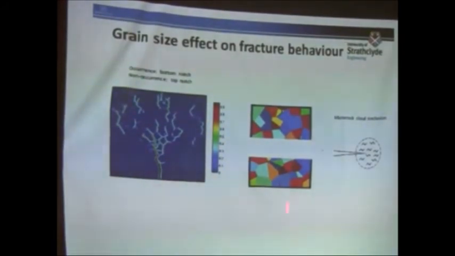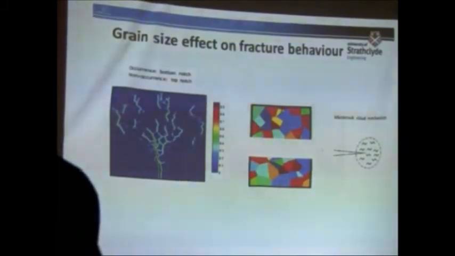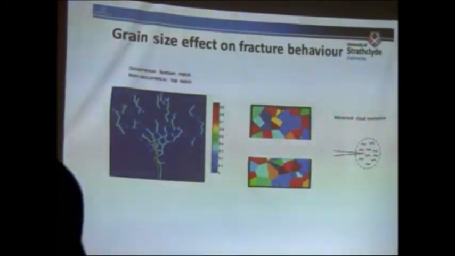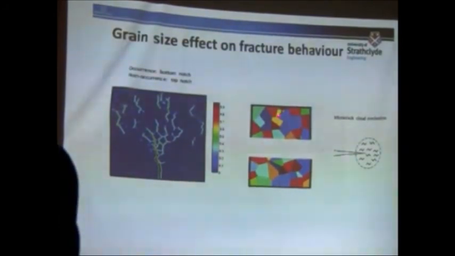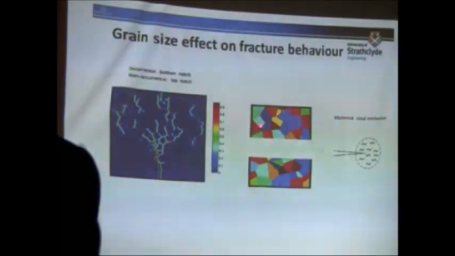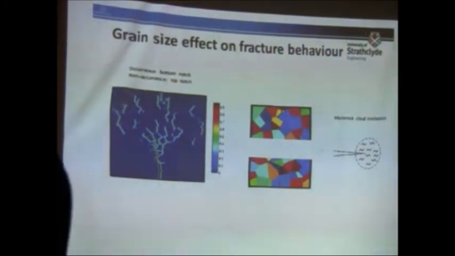Once we looked at what's happening at the grain level, it turns out that in some cases, the initial crack crosses or becomes very close to our grain boundary, but in some cases it's inside the bulk material. So if our initial crack is close to the grain boundary, that means this crack can easily propagate.